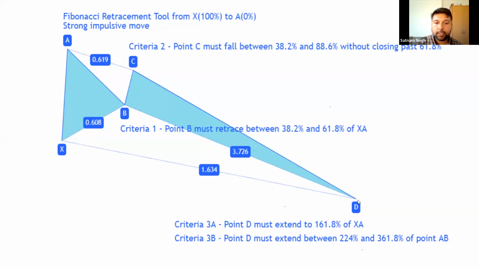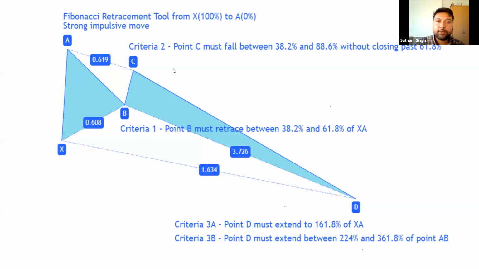So we're looking for point D to push to that extension point. Then we delete that and place it from A to B, and we're looking for that extension again to fall between 224% and 361.8%.